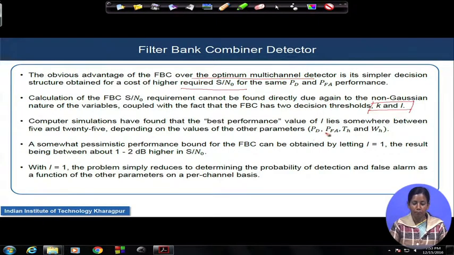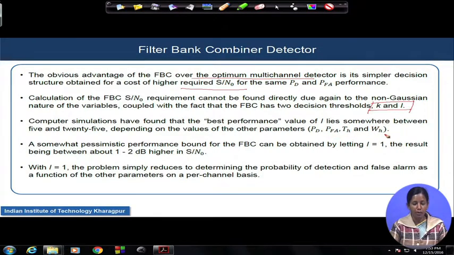that the value of L, the last threshold, lies somewhere between 5 and 25, depending on the values of the other parameters, of course: the detection probability to be ensured, the false alarm to be ensured, the time of hopping and the bandwidth of the hop.